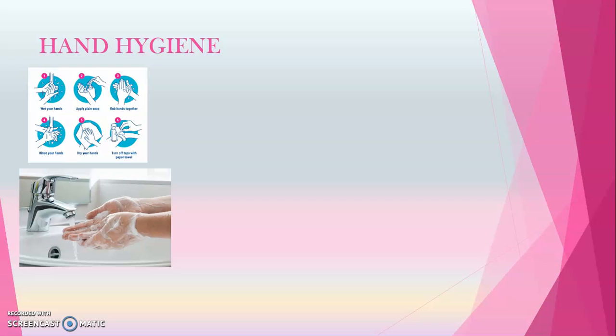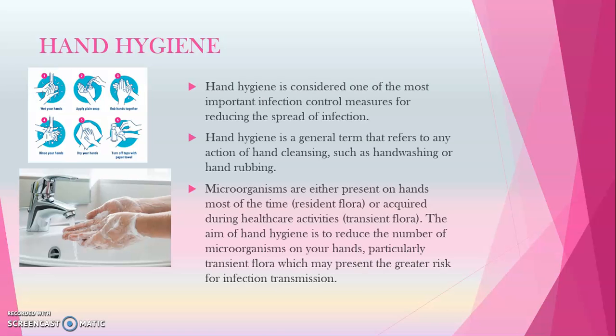The hand hygiene. Hand hygiene is considered one of the most important infection control measures for reducing the spread of infection. Hand hygiene is a general term that refers to any action of hand cleansing, such as hand washing or hand rubbing.